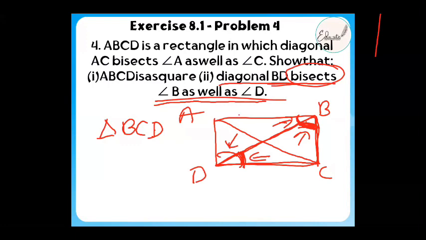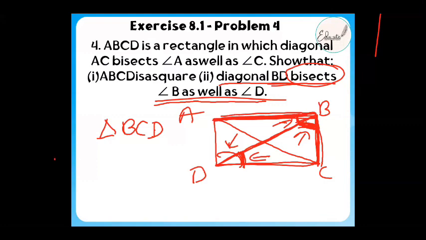Consider this figure, and let's see how we can prove angle CBD is equal to angle ABD. How will we prove this, beta? We can take these two triangles, or we can take the bigger triangle ABC, or we can take the triangle BCD.